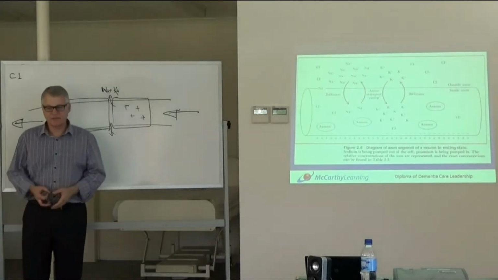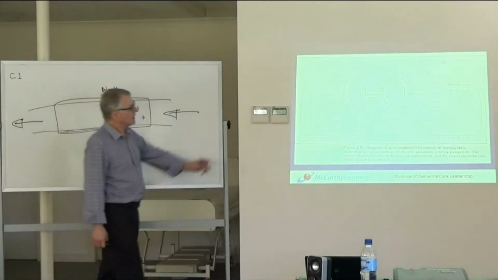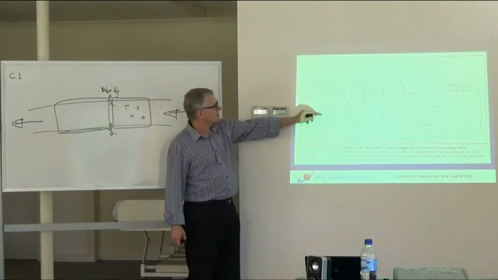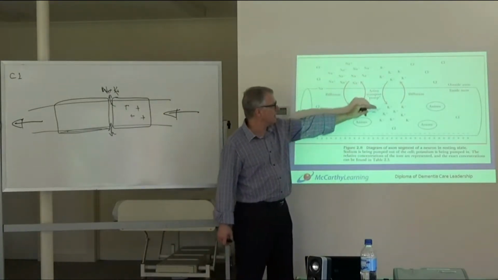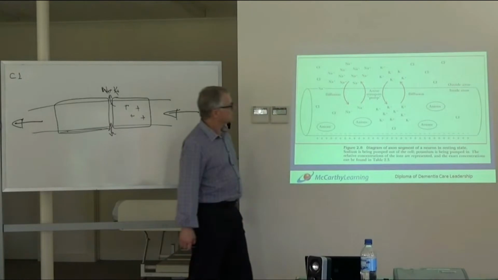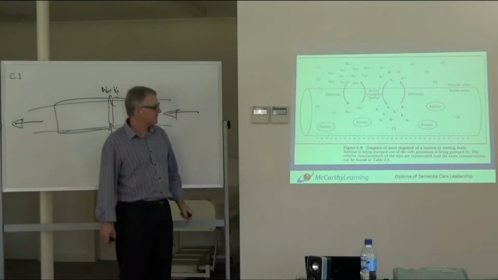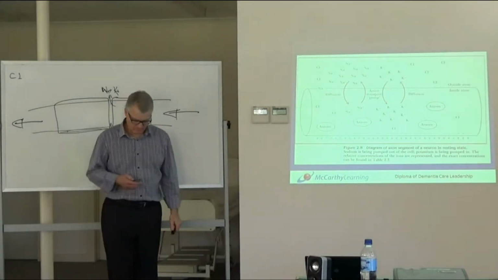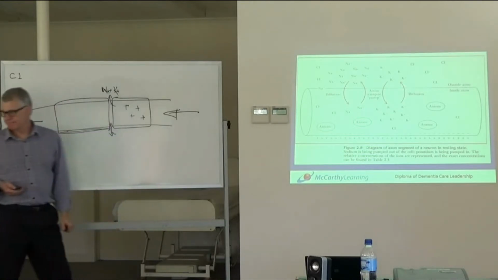Here we have a graphic of it, showing the way that the sodium and the chloride will move in and out constantly. K, the potassium, moving in and out to generate that impulse as it moves down the neuron, down the axon. Okay?